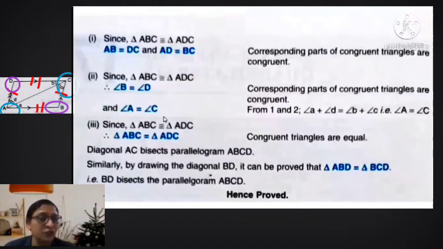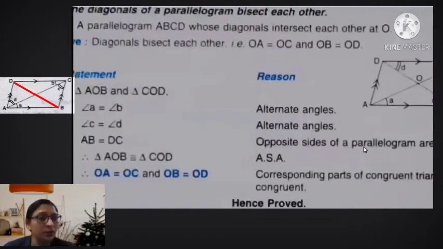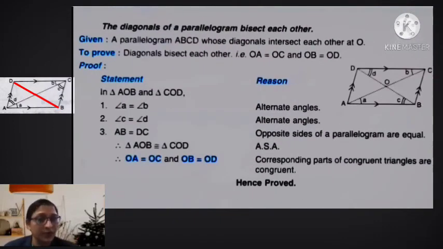Angle A is equal to angle C, as angle A plus B is equal to angle B plus C, that is angle A equals angle C. Thirdly, triangle ABC is equal to triangle ADC, since the congruent triangles are equal. This is proved. We can similarly prove it by using the diagonal BD.